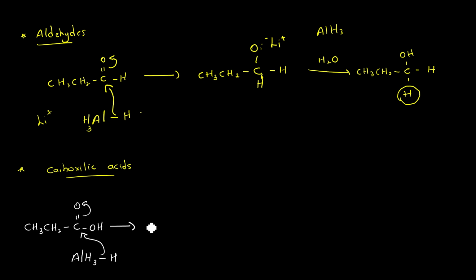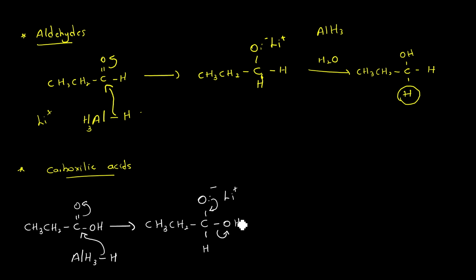We have our CH3CH2C, oxygen is negatively charged now, we have a hydrogen here, we have OH here. Now you can put lithium plus here. Now you know that this particular compound is relatively unstable. You can form the pi bond back again, but in order to do that, you need to remove this OH.